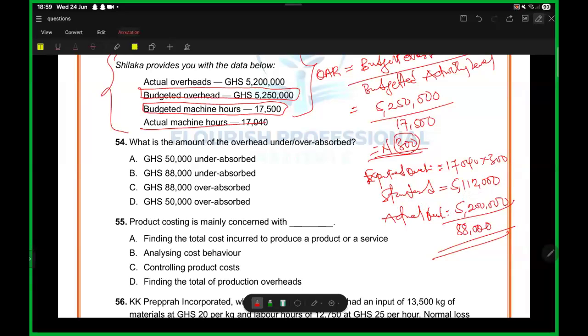If the standard is less than the actual, we call it under absorbed. If the standard is more than the actual, we call it over absorbed. So this is going to become 88,000 under absorbed. Are we together? So question number 54 is B.